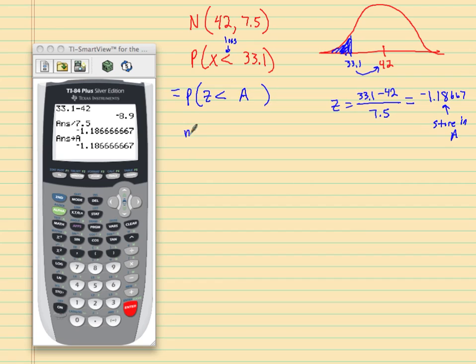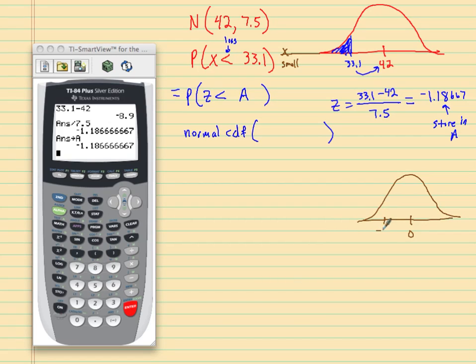Okay, so now I want to do normal CDF. Remember, the calculator always scans from left to right. So now we want to pick a really small number. I'm talking about this graph right here. I want to pick a small z. I'm actually in z's right now, so I'll use the z to show you exactly what we're doing.